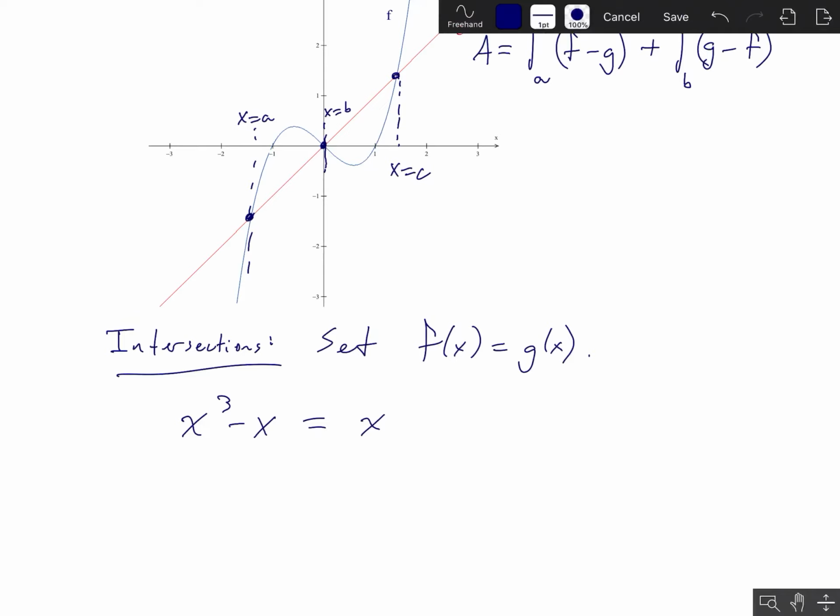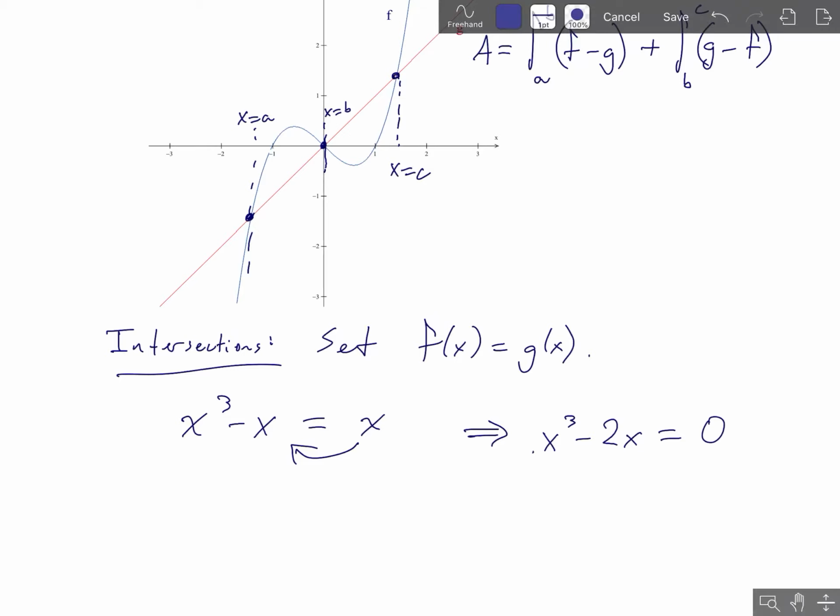Now this equation will have multiple solutions because it's this polynomial equation that's nonlinear. So I can solve this in a few different ways, but the way that I would do it is I would move everything over to the left side and then try factoring the polynomial. So I would rewrite this as x cubed minus 2x equals 0.